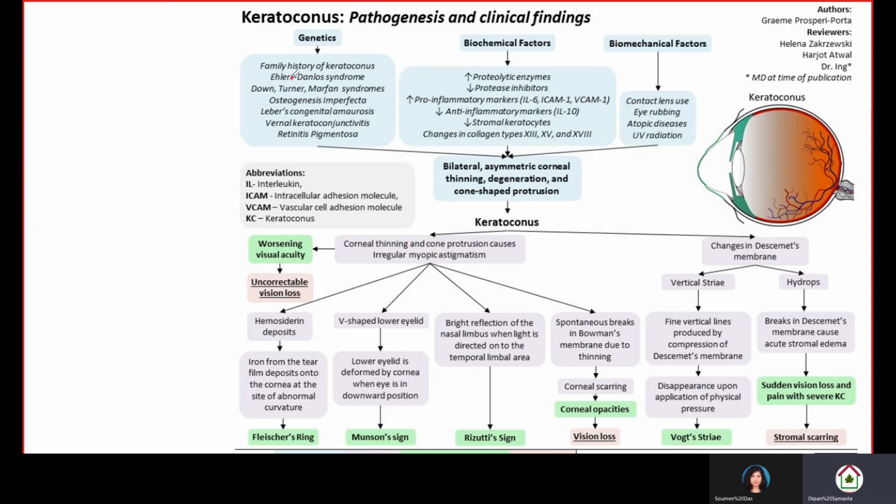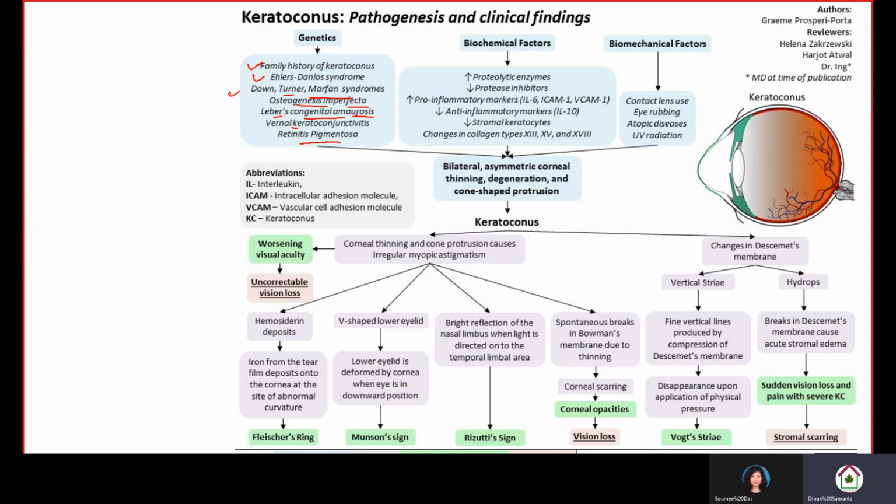Family history is very important. EDS, Ehlers-Danlos syndrome, Down syndrome, Turner syndrome, Marfan syndrome, osteogenesis imperfecta, Leber's congenital amaurosis, vernal keratoconjunctivitis, retinitis pigmentosa. These are all genetic causes of keratoconus.